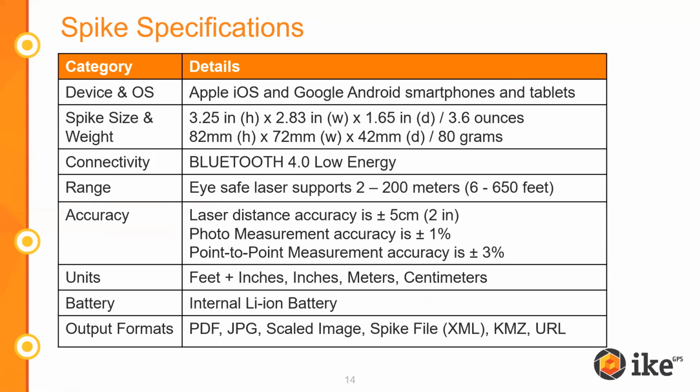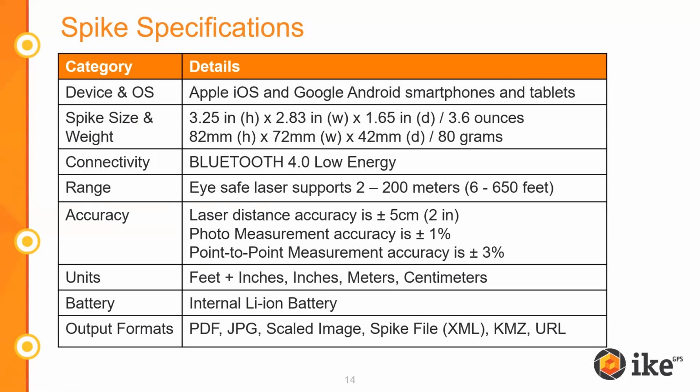But once again, think about that. Just having a laser rangefinder that goes out to 650 feet for less than $500, that's pretty amazing. And then you put other things in there like the functionality about the different measurements that we do. That's just incredibly useful as well.